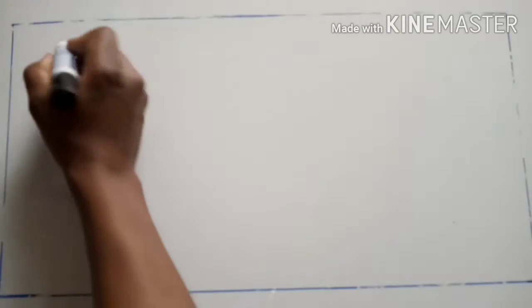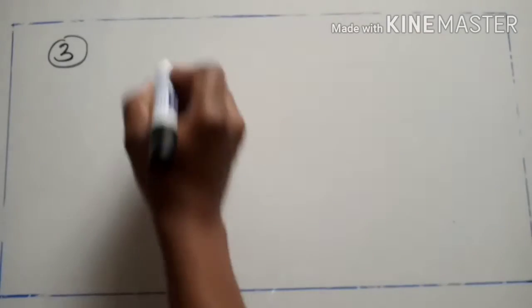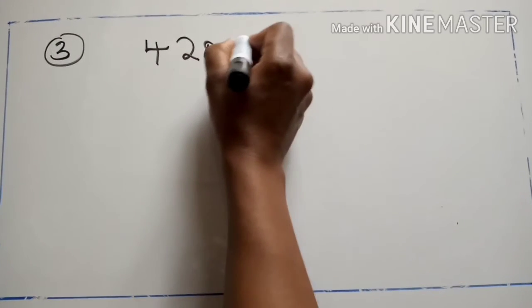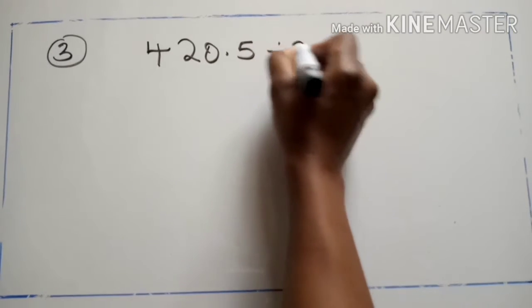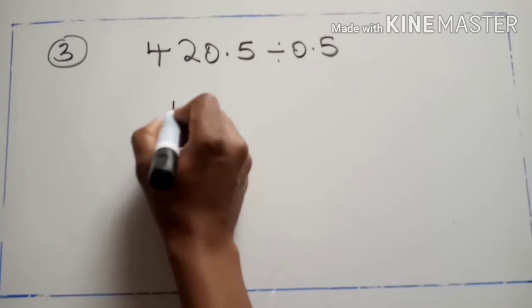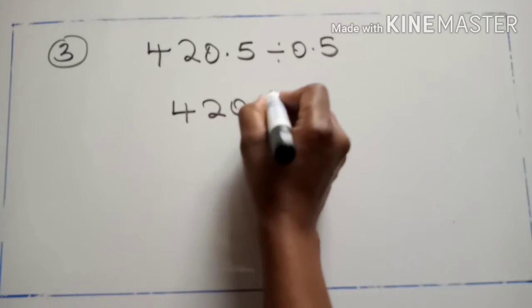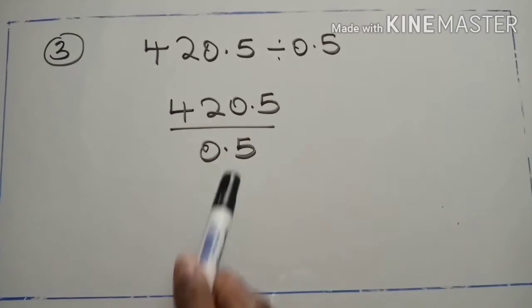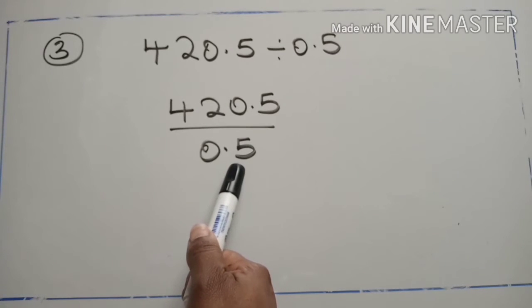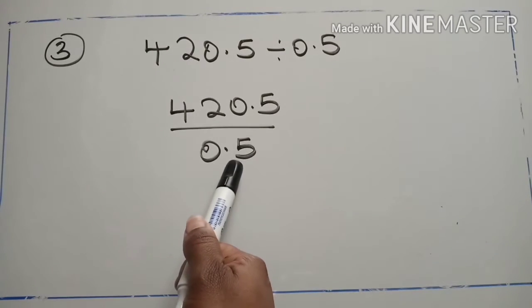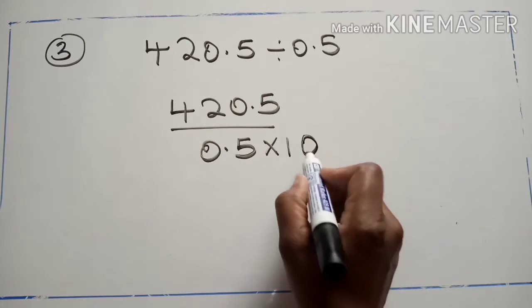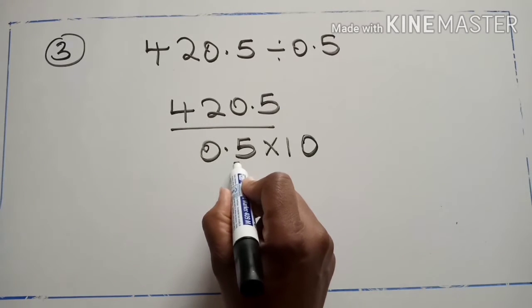On to our third example. We are going to do 420.5 divided by 0.5. Arrange this as a fraction. Remove the decimal place in the denominator to make it a whole. So here we have 1 decimal place. That means we will multiply by 10. 10 has 1 zero that will take away this 1 decimal point.